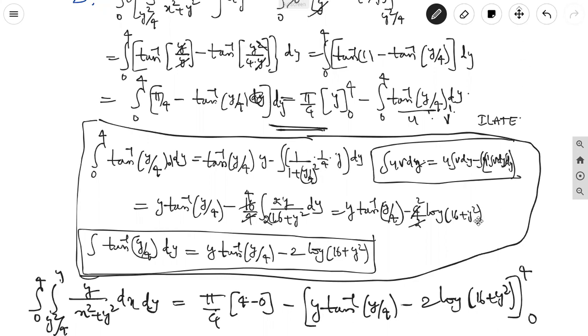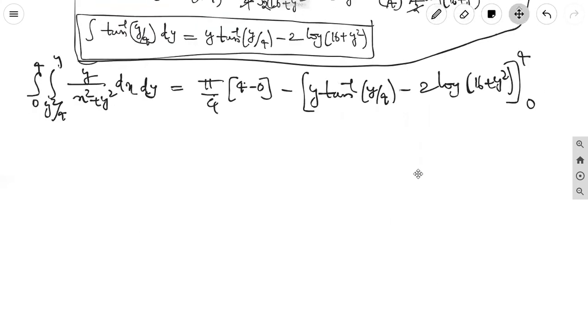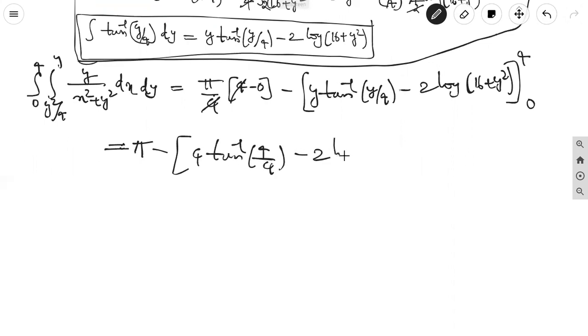Now we can simplify it. This 4 cancels, that is equal to pi minus 4 tan inverse of 4 by 4 minus 2 log of 16 plus 4 square is 16, minus 0 into tan inverse 0 by 4 minus into minus plus 2 log of 16 plus 0.